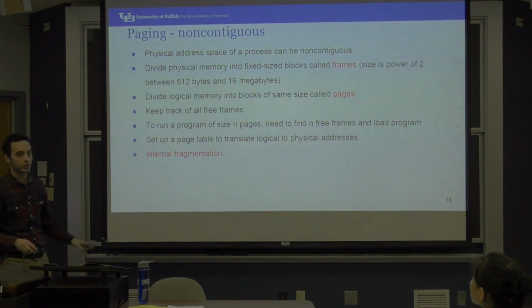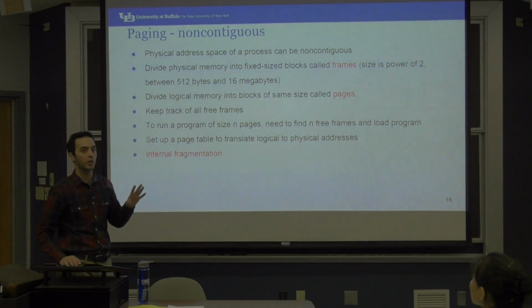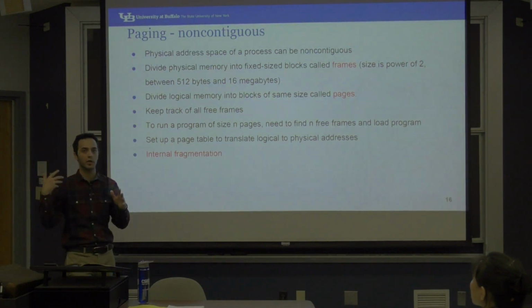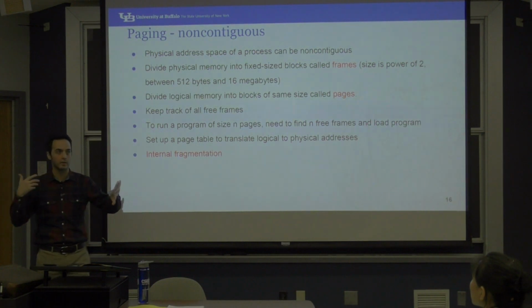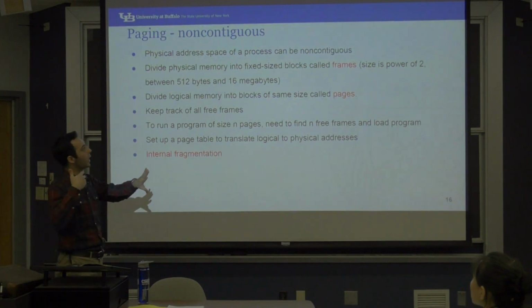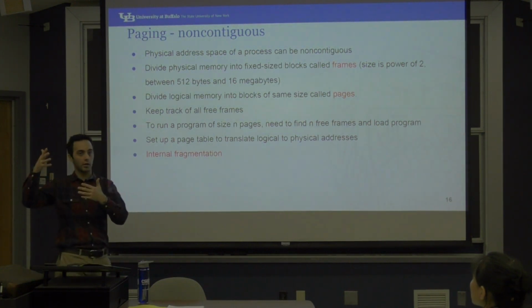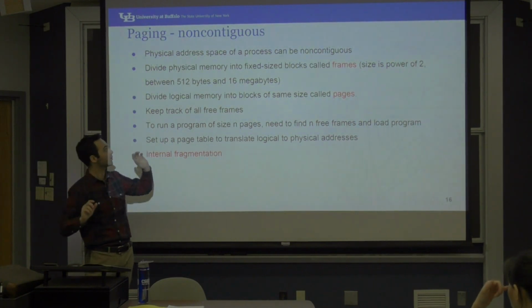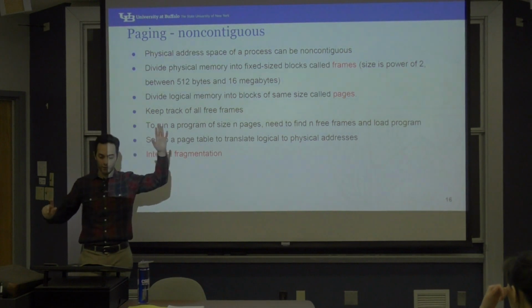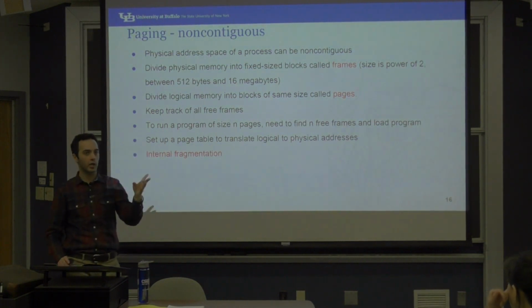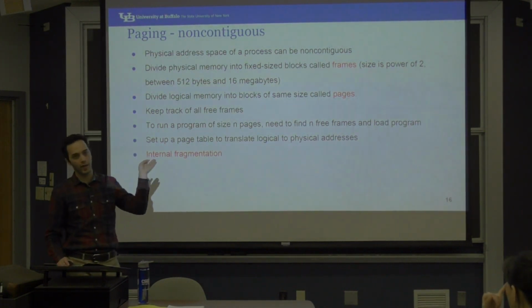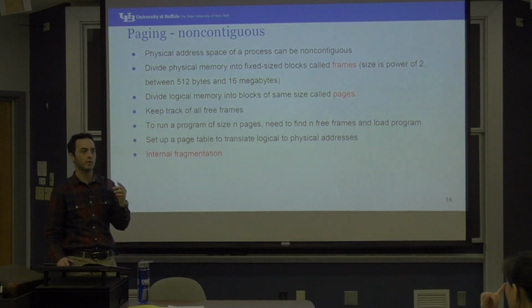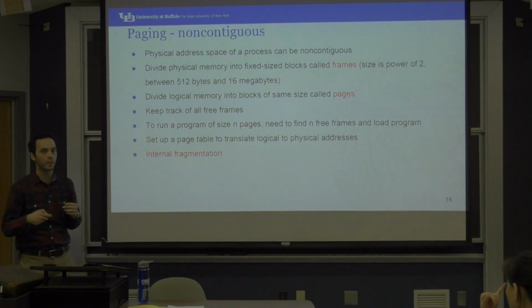So this is to help the mapping between the logical address space and the physical address space, right? So you're going to divide the logical and physical address space into equal chunks. Let's say 4 megabytes. Your physical memory, let's say it's 4 gigabytes, is going to be divided into 1,000 chunks of 4 megabytes. These are called frames.